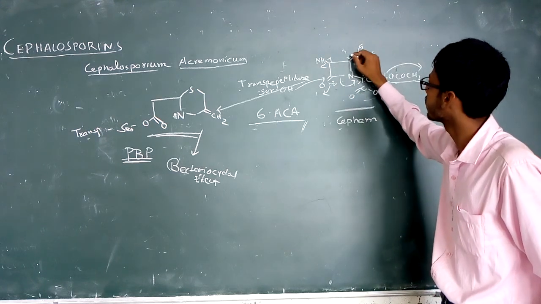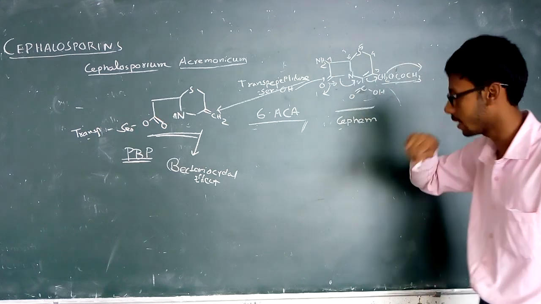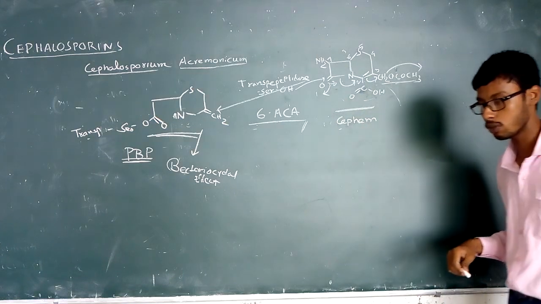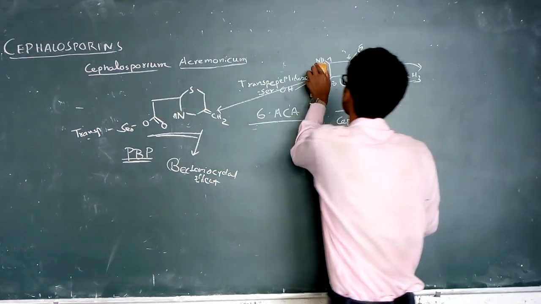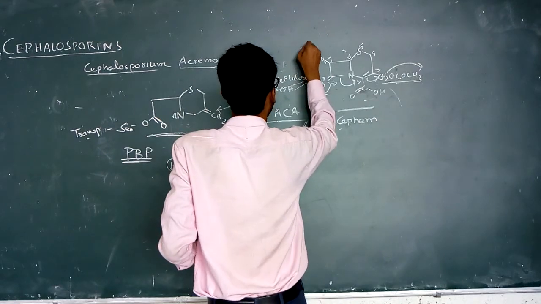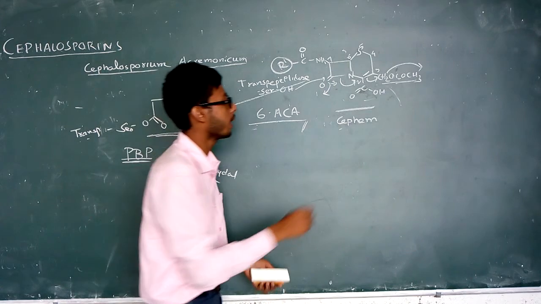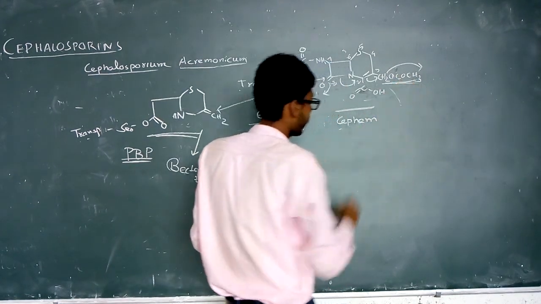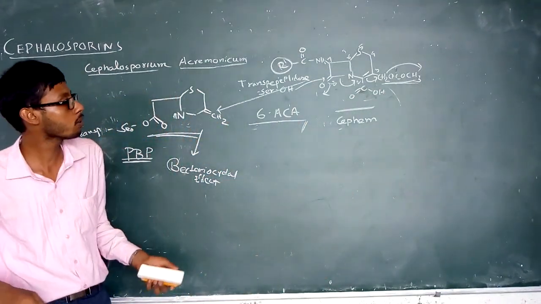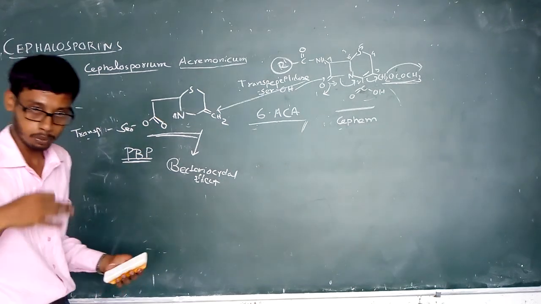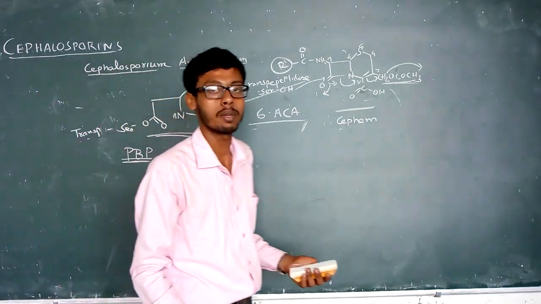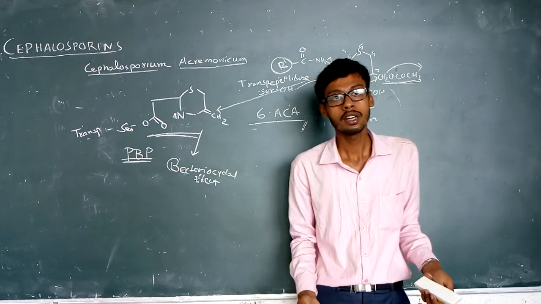And at the 7 position there is the amine group. The amine group is acylated, and this is NHCOR, by changing the R of that molecule, and by changing the leaving group at the 3 position, we can develop various types of semi-synthetic cephalosporin derivatives.